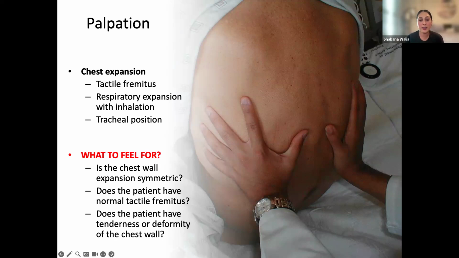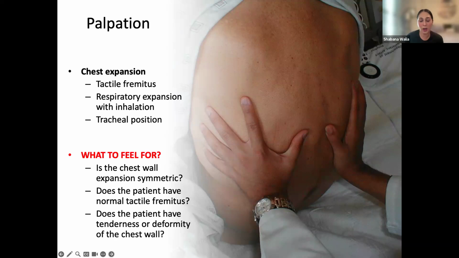So, what does it feel like when a patient is speaking? The way you do this is actually place your hands on the patient, a little bit higher than where this instructor has a patient, hands on their patient now. And you're going to ask the patient to say 99. And you're going to go down the chest wall in three different areas to feel tactile fremitus.